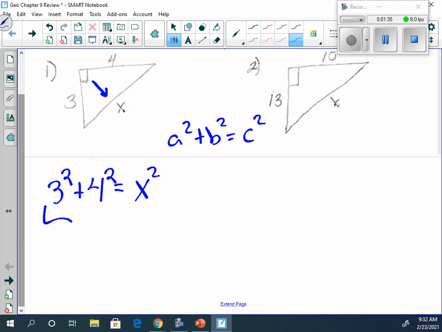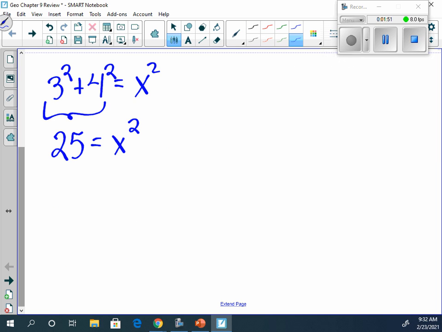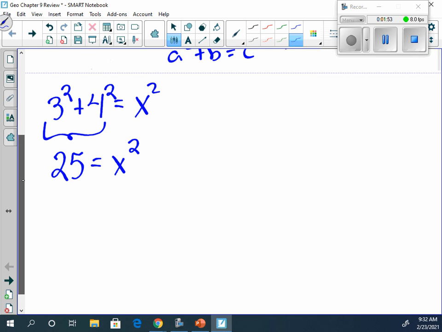So we can do 3 squared plus 4 squared. We could plug all that into the calculator, or we can do 3 squared and 4 squared and add those together. Now 3 squared plus 4 squared would give us 25. So we simplify that down. Now we have 25 is equal to x squared.